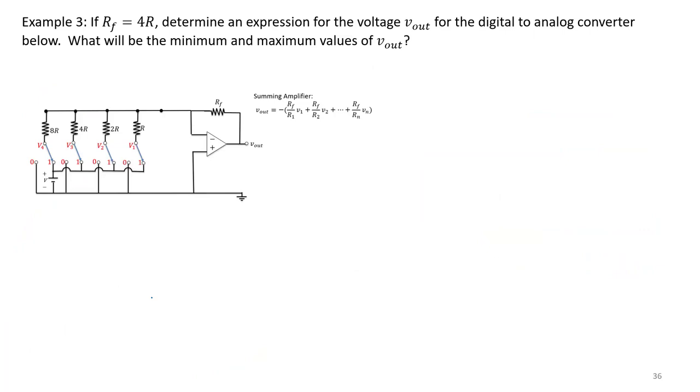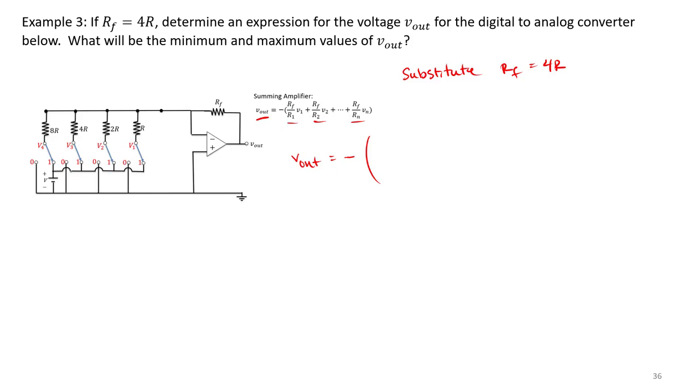Well, notice we were conveniently given the equation for our summing amplifier. So what we can do here is substitute RF is equal to 4R, and we can substitute the resistance of each resistor. So notice we can find each term of this equation. Let's go ahead and do that. So we know that our output voltage V out is going to be the sum of our first term.